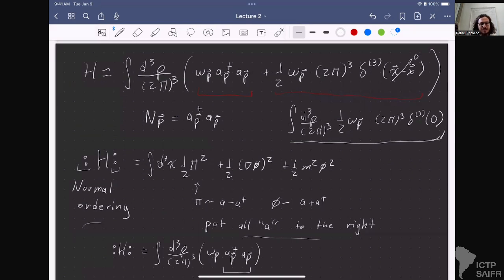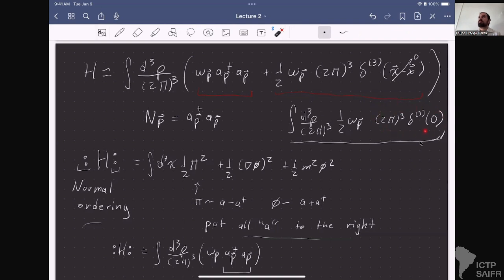Does it have some importance, something to do with that? I don't know. So there's two terms contributing to a divergence here.